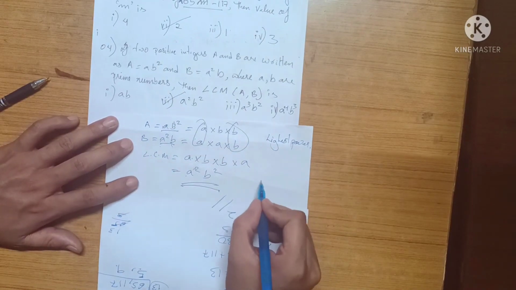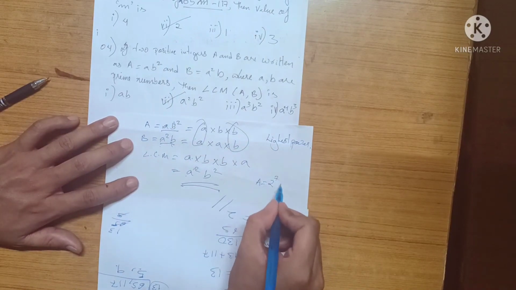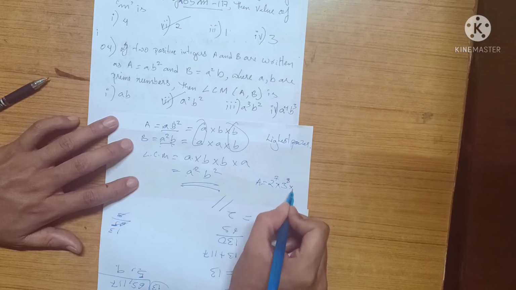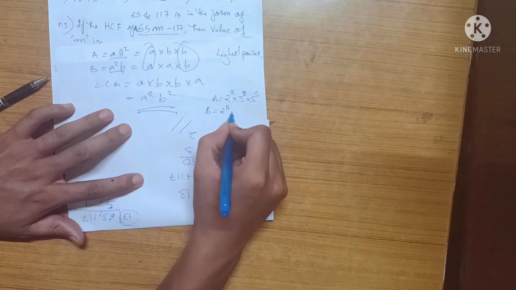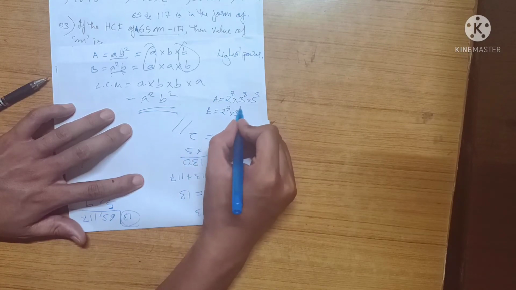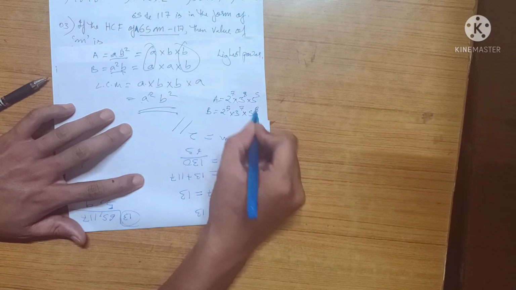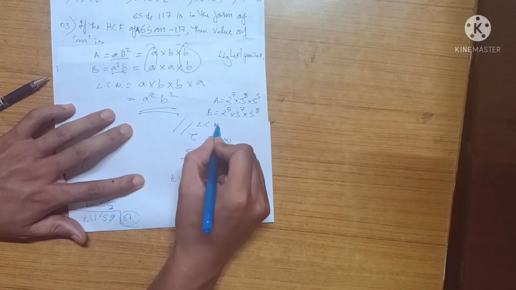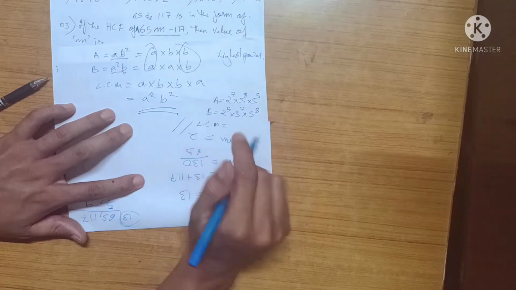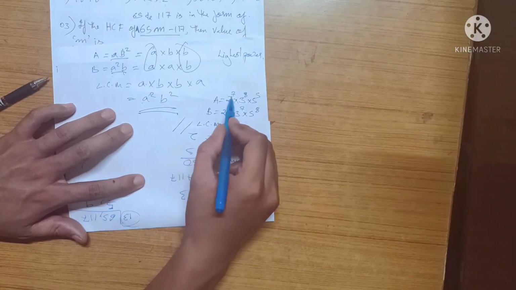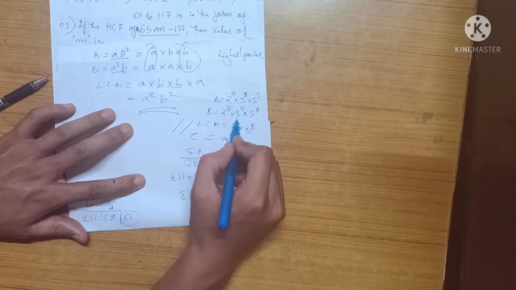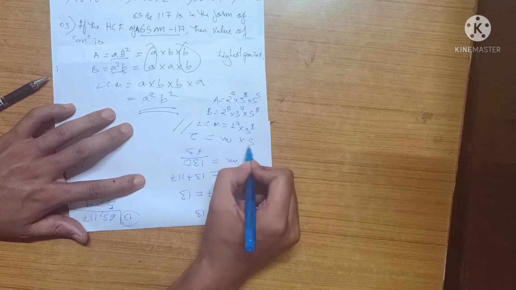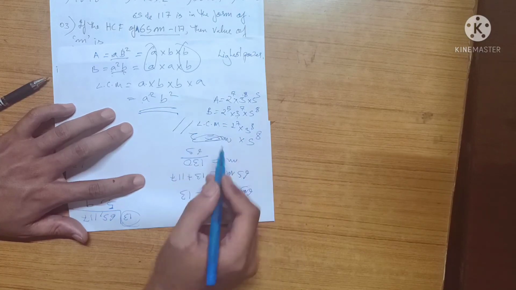So if a equals 2^7 into 3^8 into 5^5, and b equals 2^5 into 3^7 into 5^8, the LCM will be 2 to the power 7 because it is the highest one, into 3 to the power 8 because 8 is the highest for 3, into 5 to the power 8. You know which number?